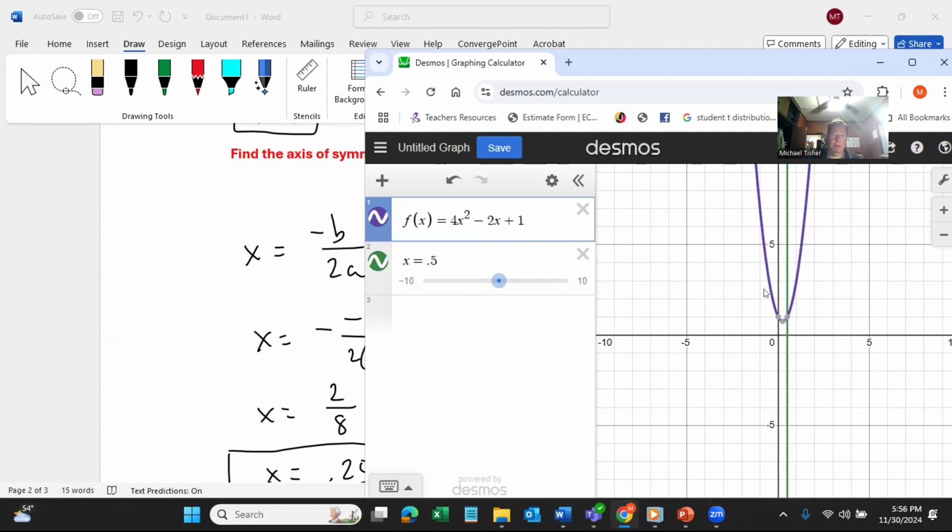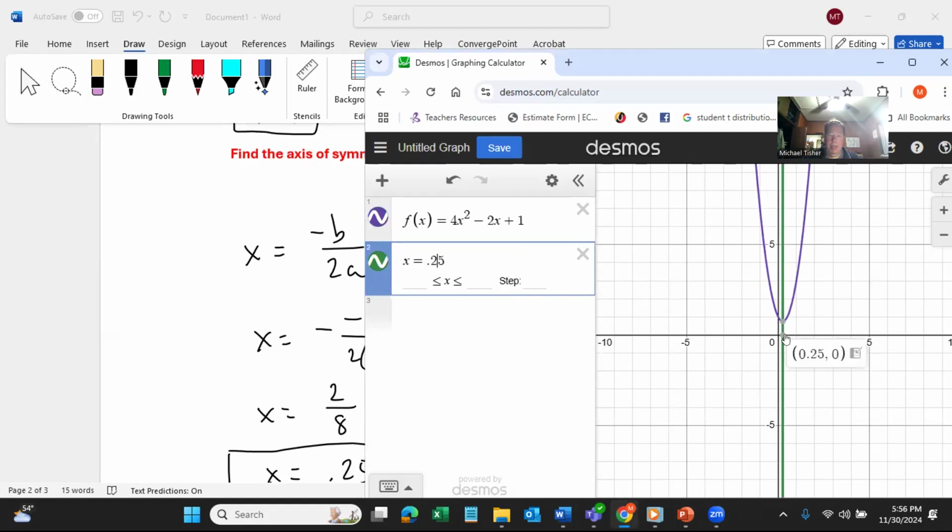This looks like a parabola that opens up. And now let's put in x equals 0.25. We have the green line, x equals 0.25, and as we can see here, it does cut down the center of the parabola through the middle. And so that confirms that's the axis of symmetry. So that's how to find the axis of symmetry of a parabola.